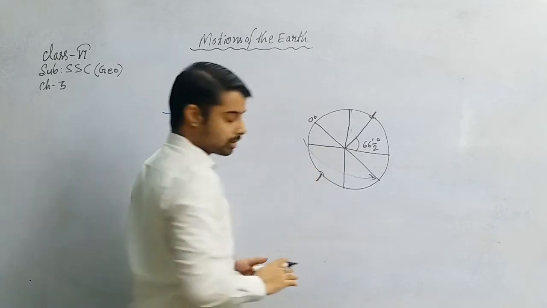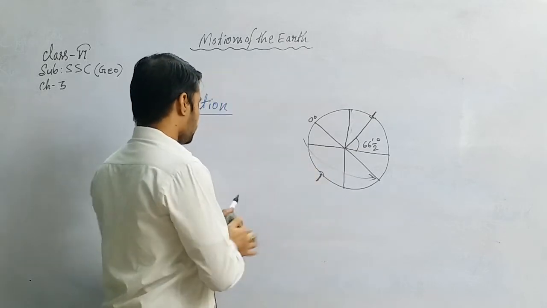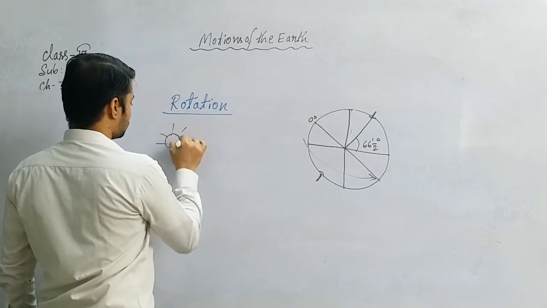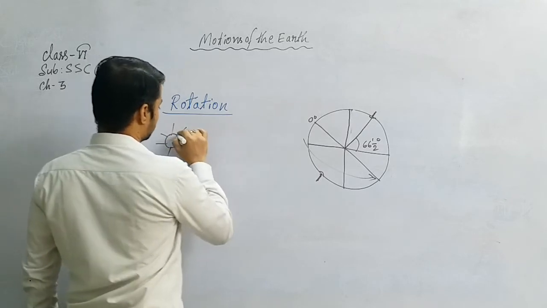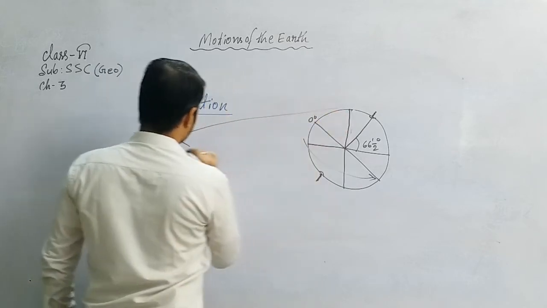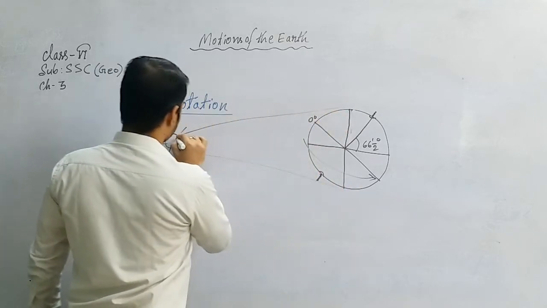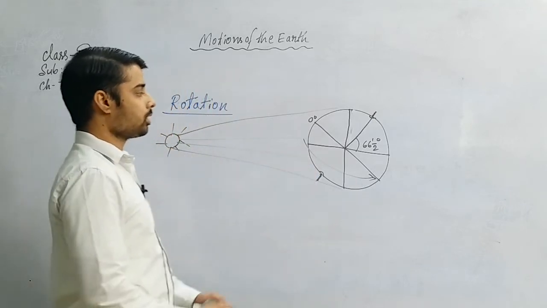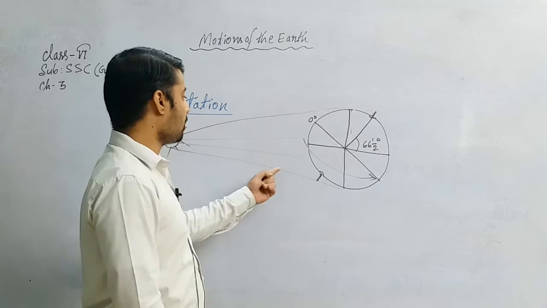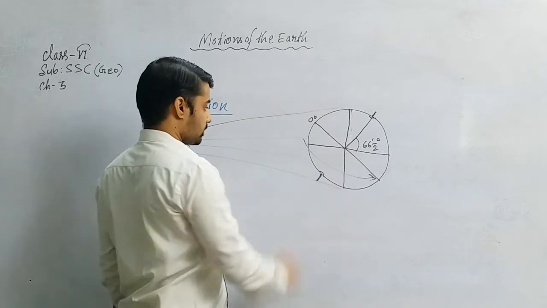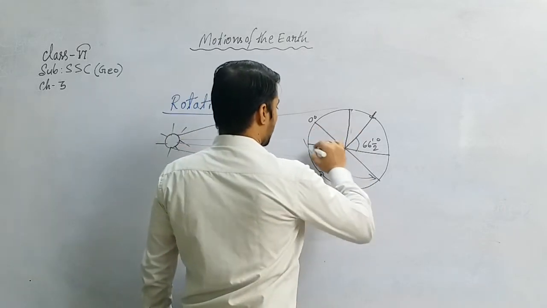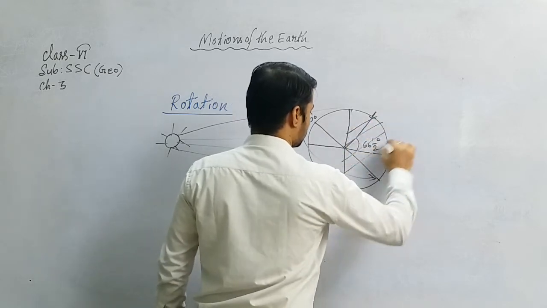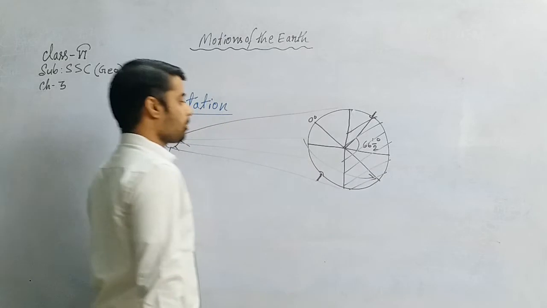When earth rotates, only one part in the 12 hours gets the sunlight, this portion, and this portion becomes dark.